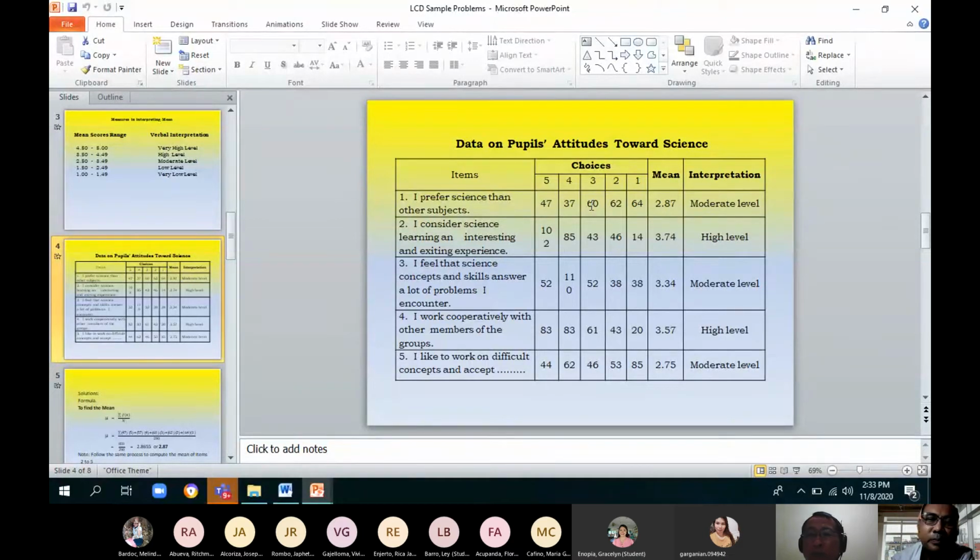You sum up, then divide by 5. Okay, so 2.87.